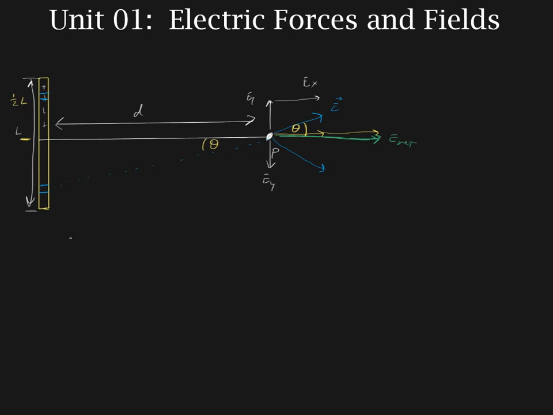All right, so we're going to start with E is equal to the integral of k dq over r squared. And because we're only interested in that horizontal component, we're going to use cosine of theta.